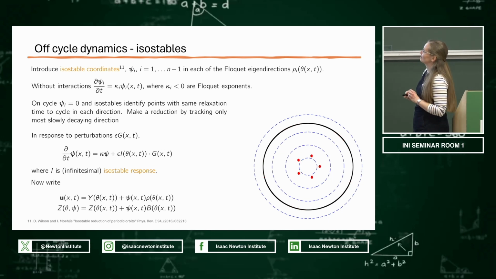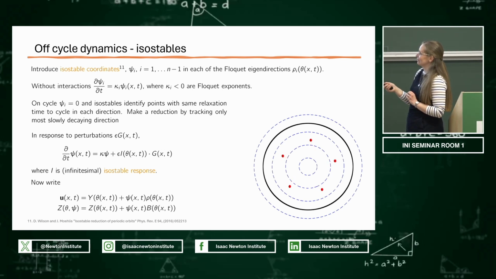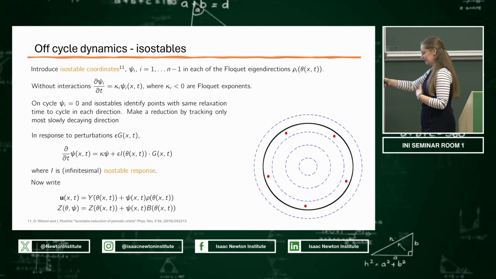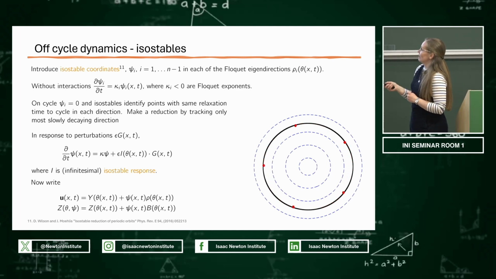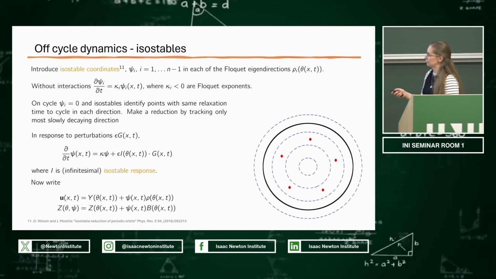I appreciate that I've not written that down because we don't need it, because if you're staying fairly near to the limit cycle, then you can evaluate that on cycle. You only need the value of the isostable response on cycle. Okay, so that's this I thing here, and now we can use that to describe what's happening off cycle.